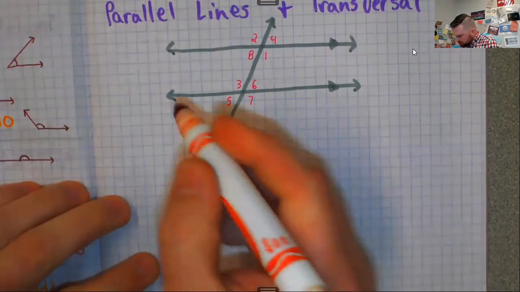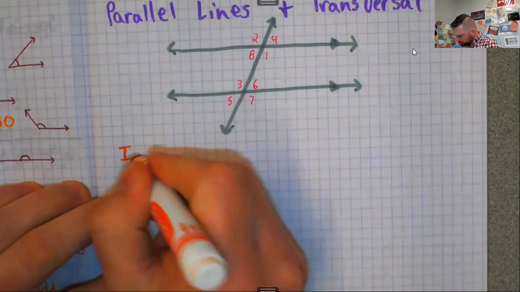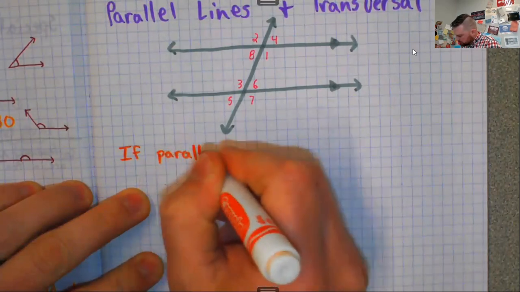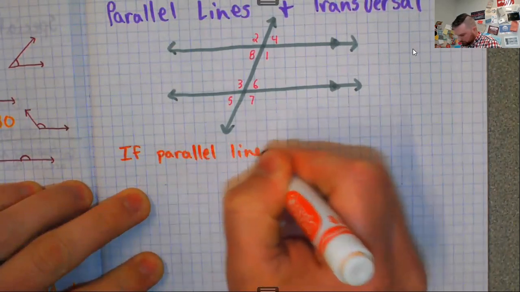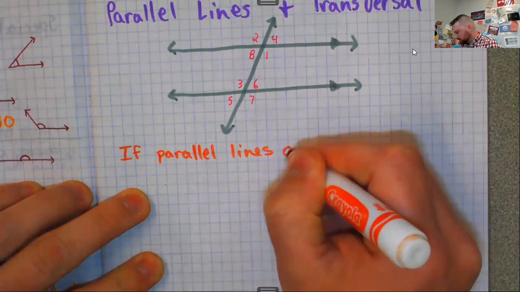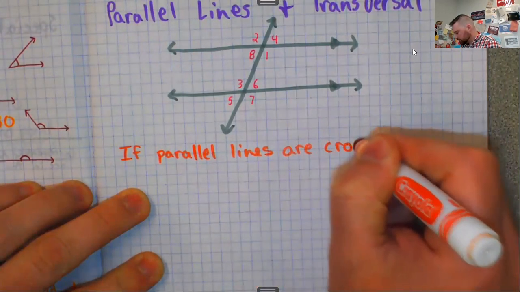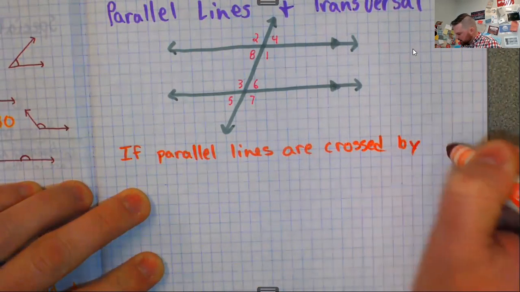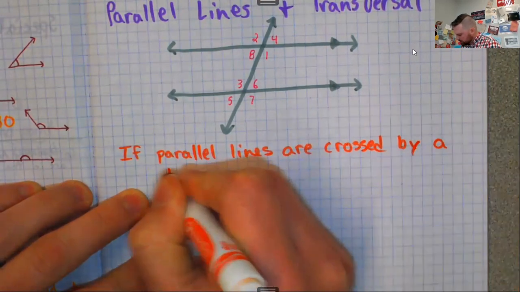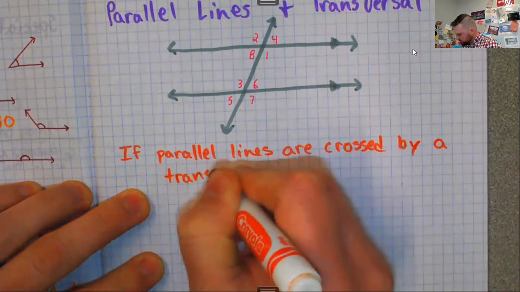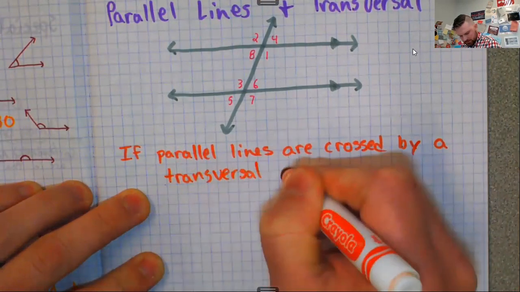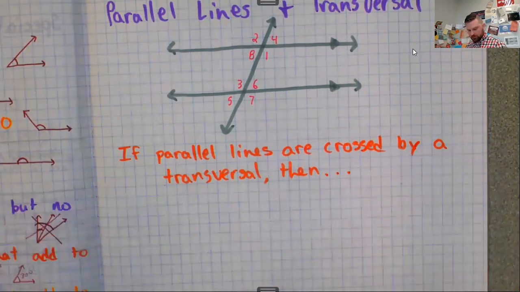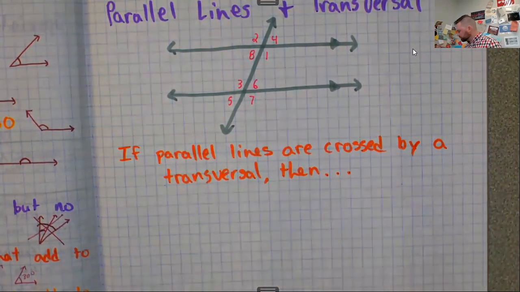So if parallel lines are crossed by a transversal, then the following rules will apply.